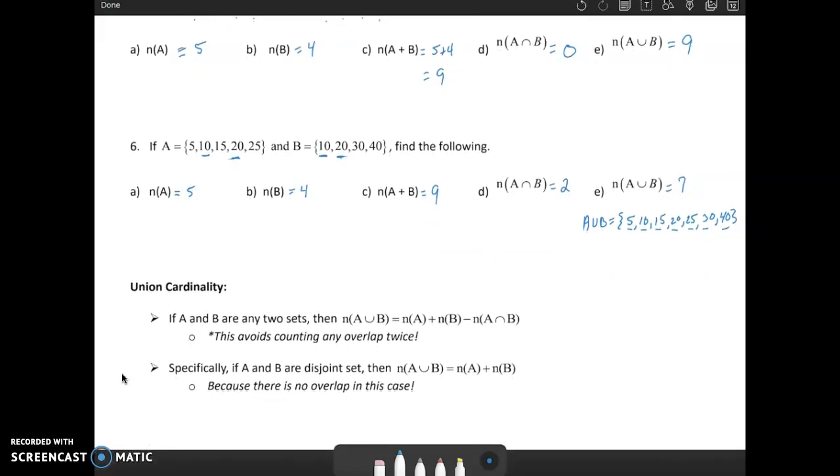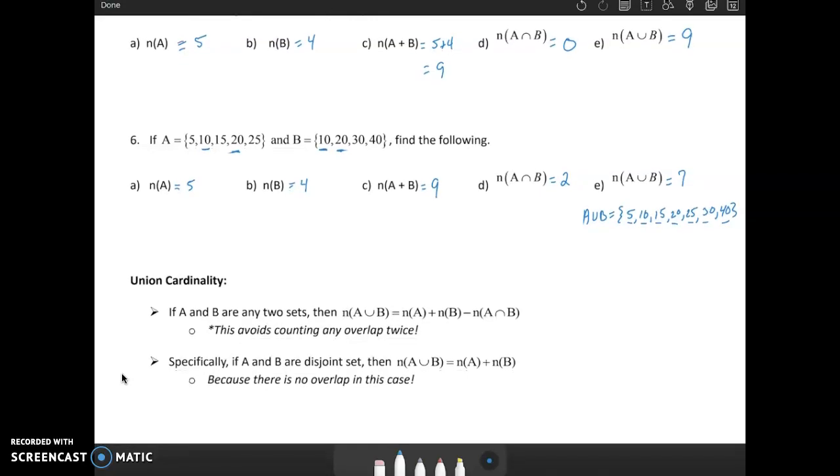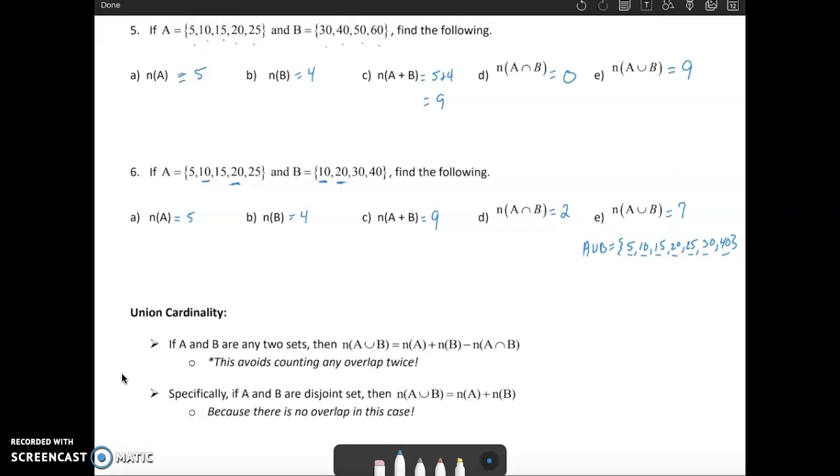So it says if A and B are any two sets, then the number of elements in their union can be found by taking the number of elements in A plus the number of elements in B and subtracting out the number of elements in the intersection. So notice that's what happened in this last one. We took both of them added together was 9.